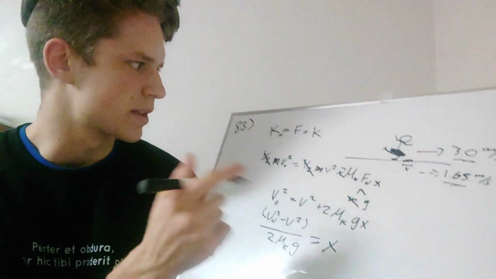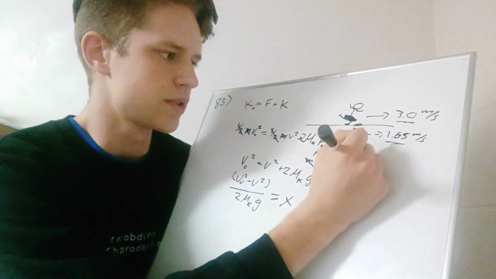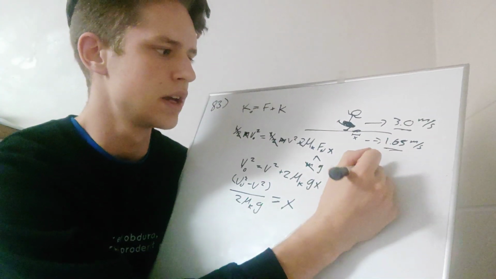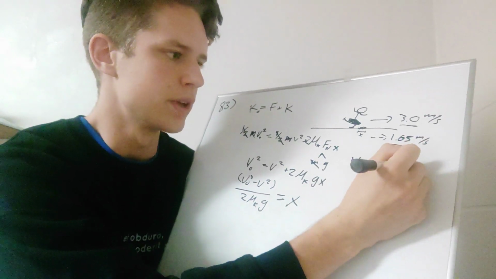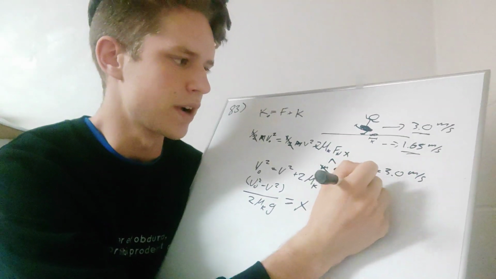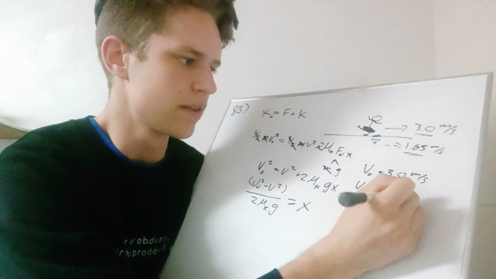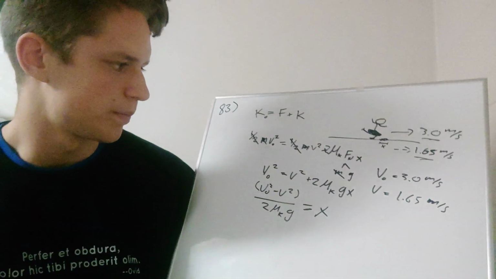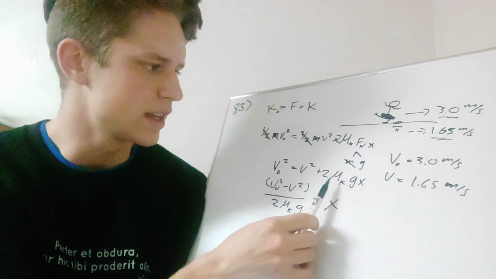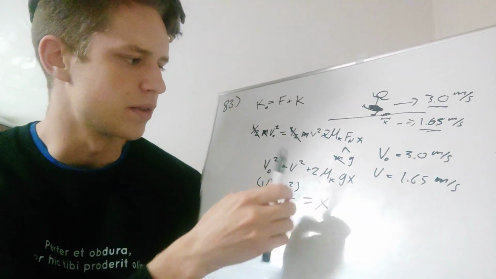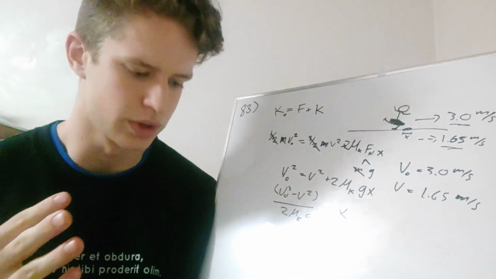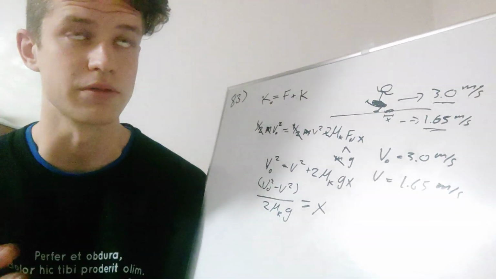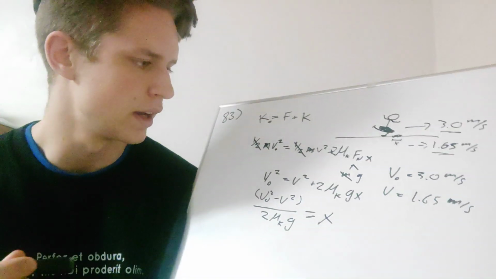We were given some of these already, so we can go ahead and write those out. v naught, her initial speed, is 3.0 meters per second. Her final speed is 1.65 meters per second. And then we know that the friction is equal to a fourth, or 25% of her weight.